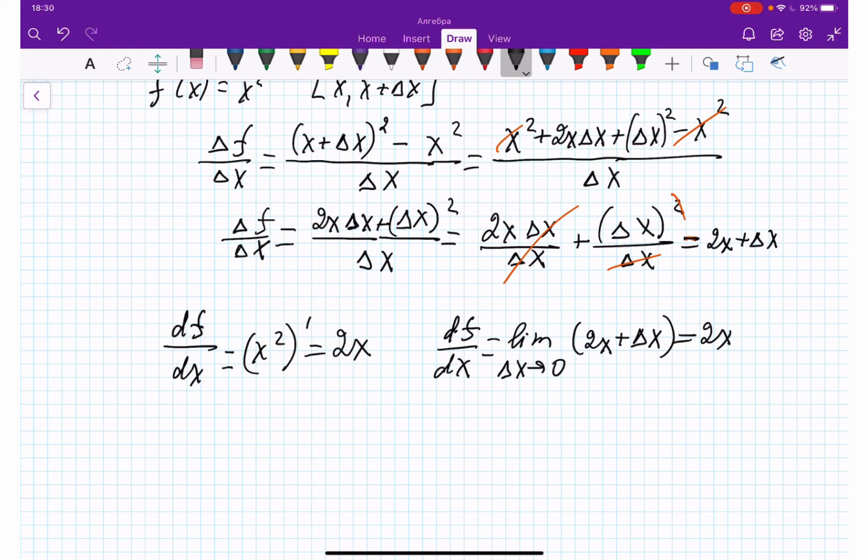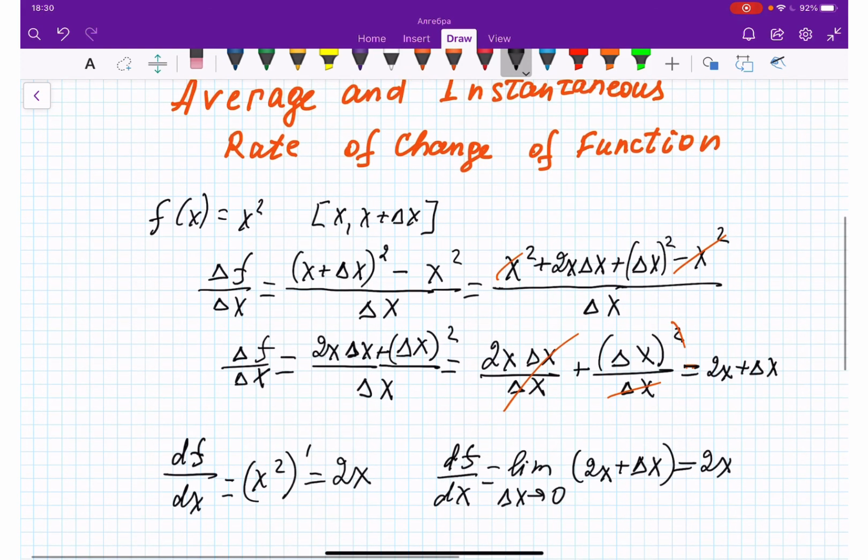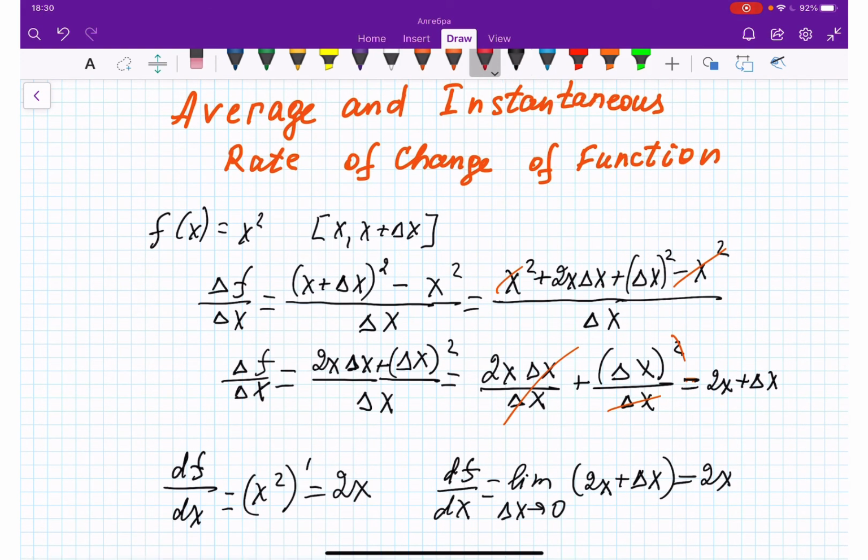So what do we have? Practically, this is the average rate of change. Rate of change is a vector quantity that is numerically equal to displacement per unit of time, and it has direction.